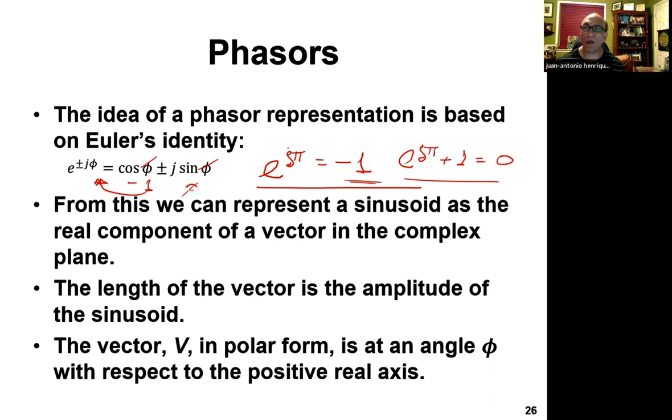So from this, we can represent a sinusoid as the real component of a vector in the complex plane. The length of that vector is the amplitude of the sinusoid, and the vector v in polar form forms an angle phi with respect to the positive real axis.